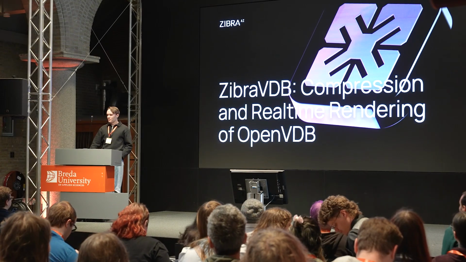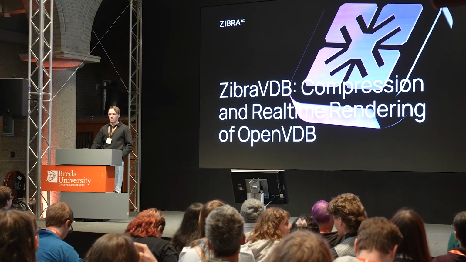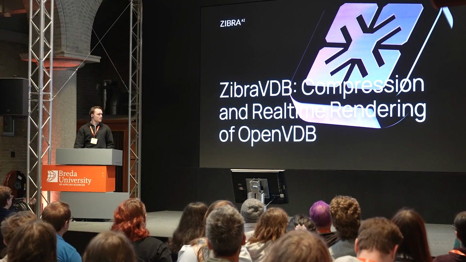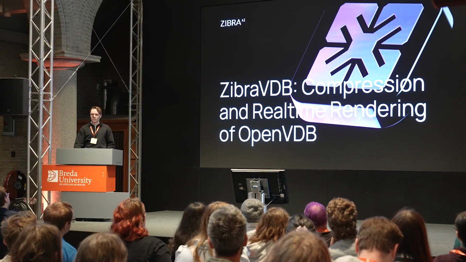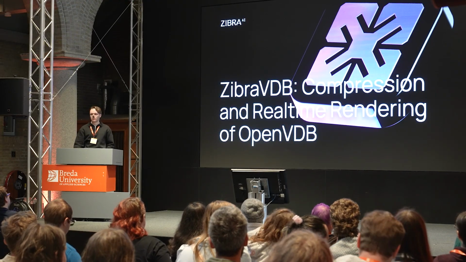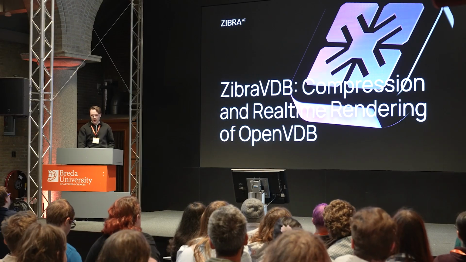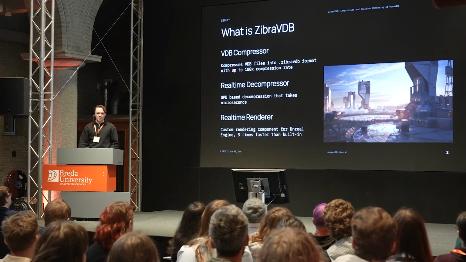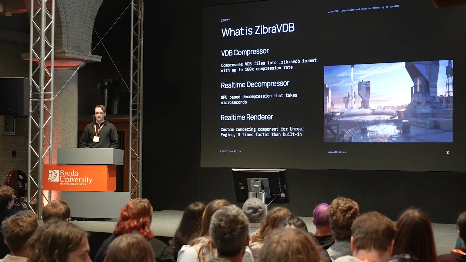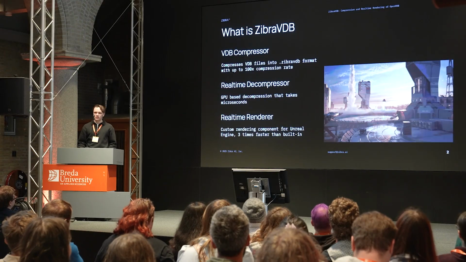I'm Dmytro from Zebra. I'm going to present to you our technology called ZibraVDB. This is a technology for compressing and real-time rendering of VDB effects. It consists of three basic parts: compressor and decompressor.